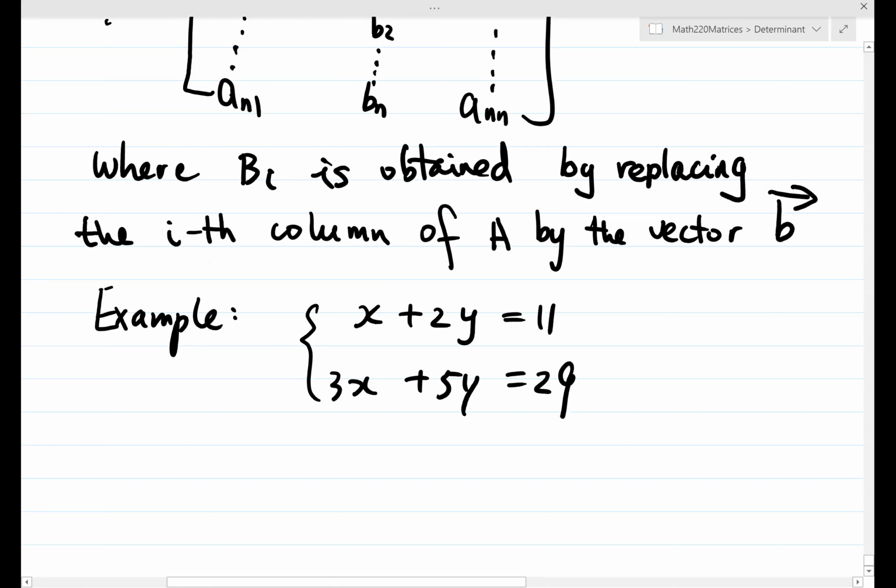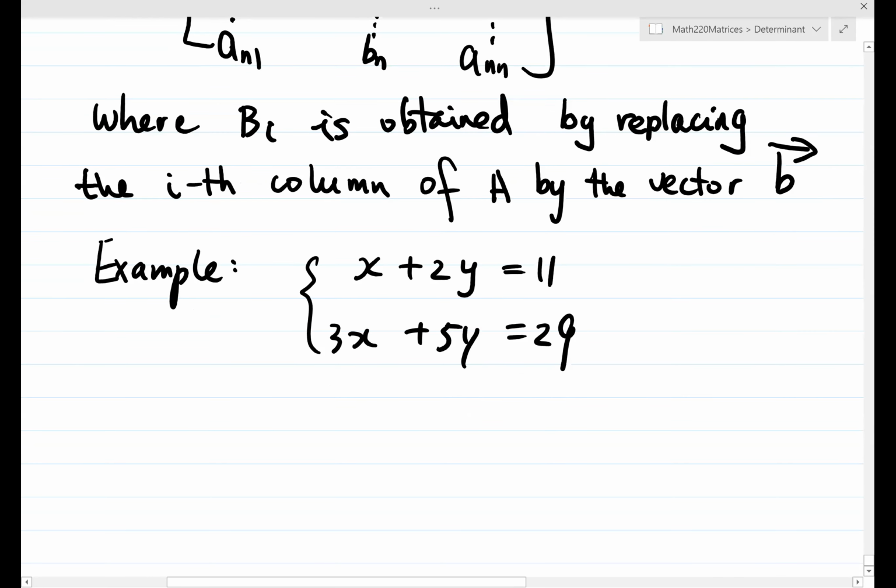Of course, with two equations and two variables, this can easily be solved with our old method. It looks trivial, but we use it to show how Cramer's rule works.